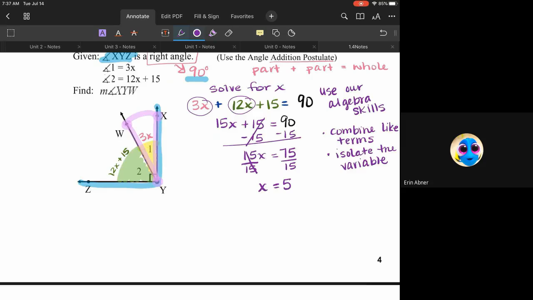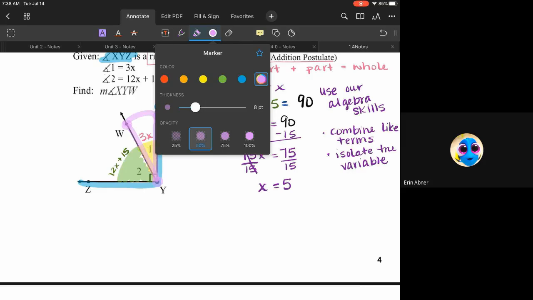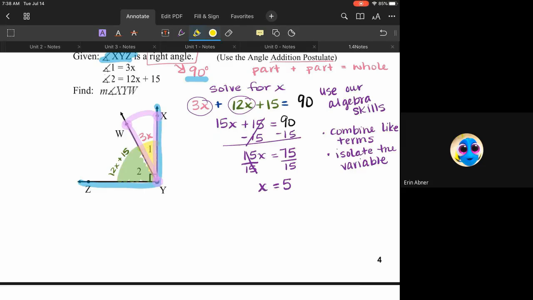I'm not done though. I now just know what x is. So now I have to substitute x into my equation to find the value of angle 1.